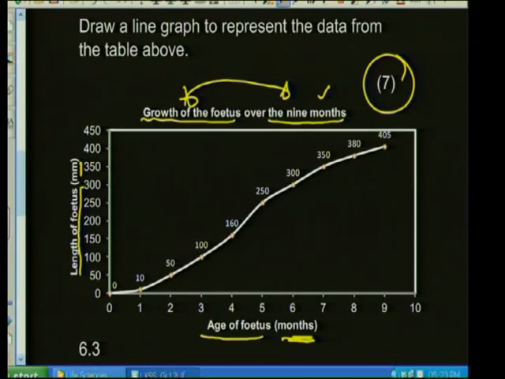For example, the heading of the y-axis and the units and the scale goes as 1. So if anything is wrong here, either the heading or the scale or the intervals is not correct, you'll lose the 1 mark. If you got all that right, you're going to get the 1 mark. Same goes for the x-axis.